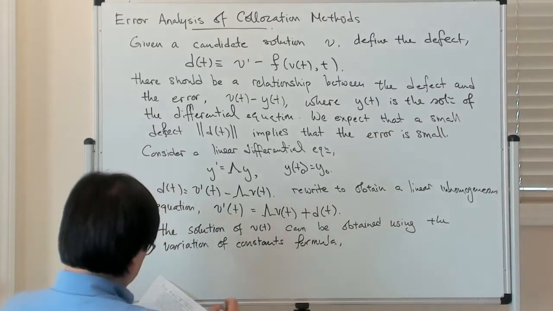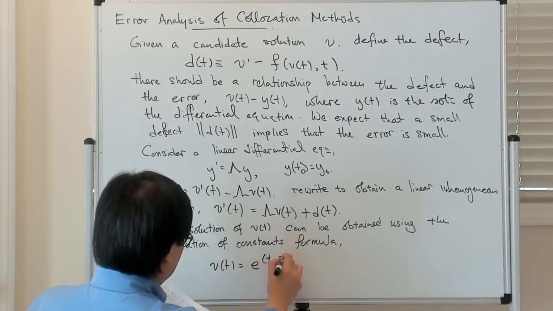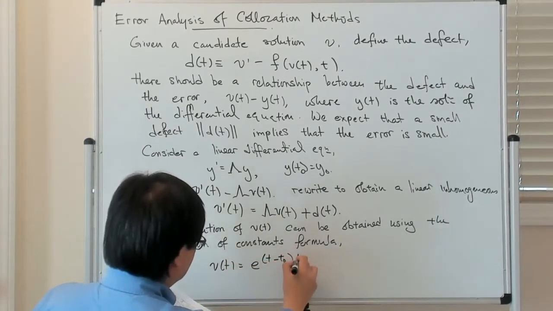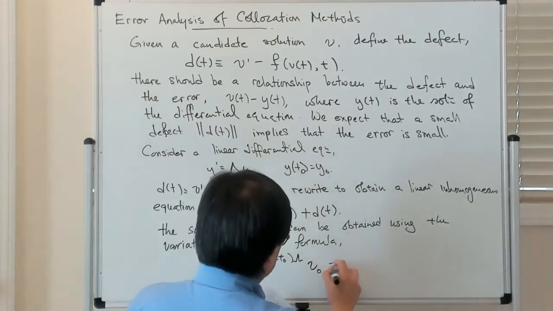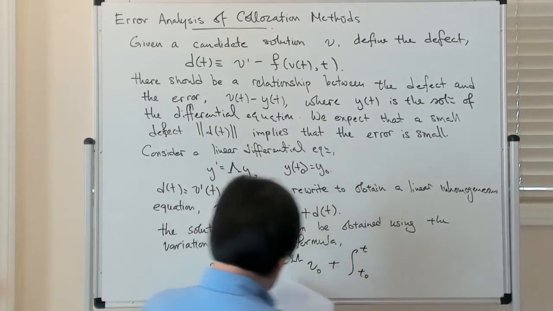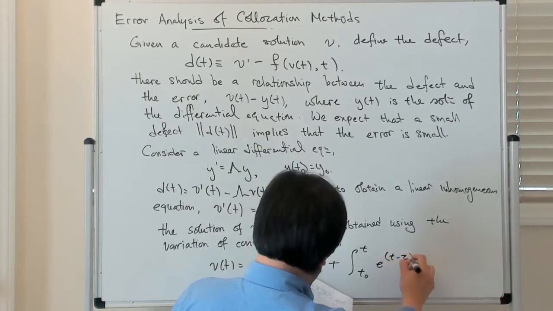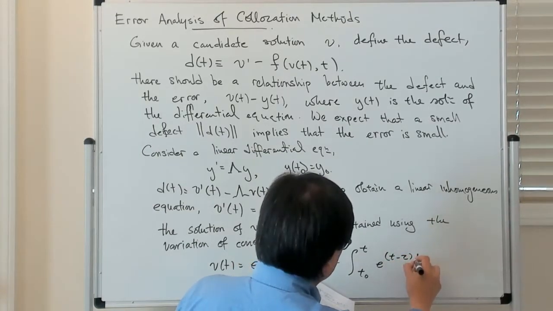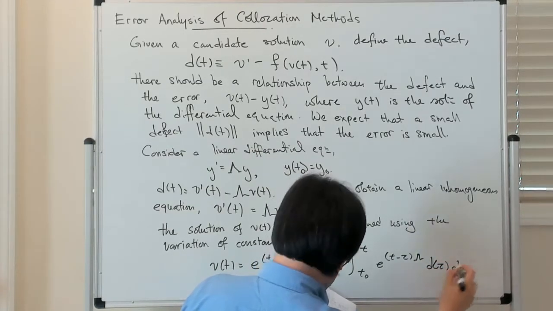It says that v of t is equal to e to the (t minus t0) lambda acting on v0, plus the integral from t0 to t of e to the (t minus tau) lambda acting on the defect d of tau, d tau.